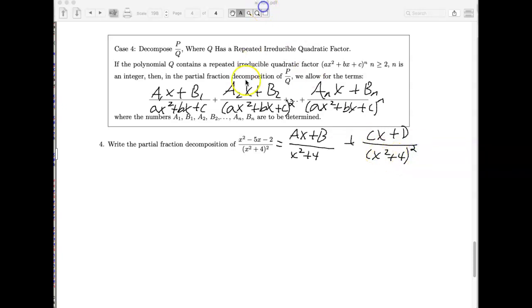And now, just to keep track of things, if this was to the third, we would just have to write this again, e x plus f over x squared plus 4 to the 3.